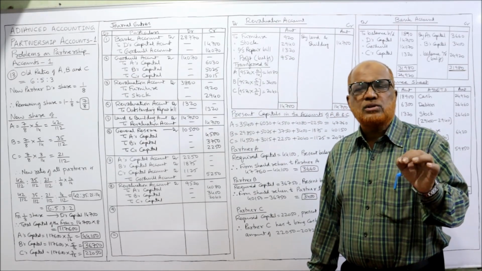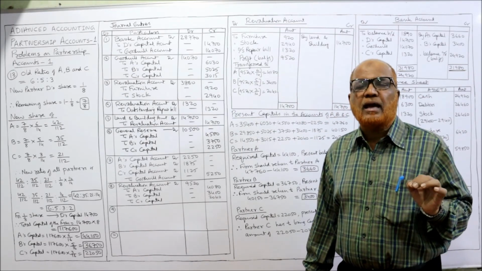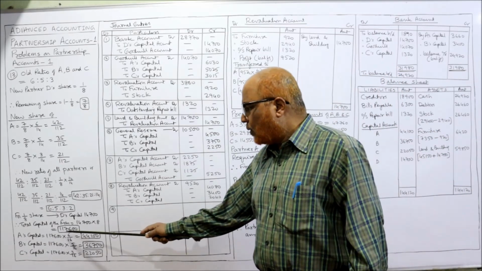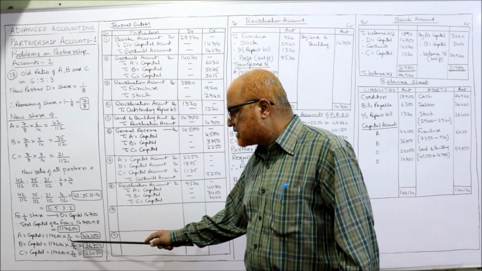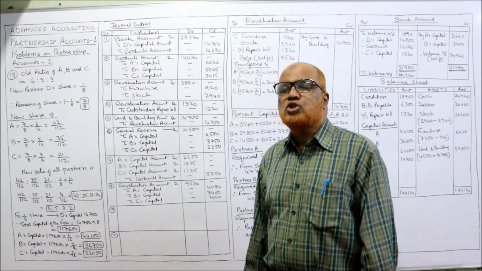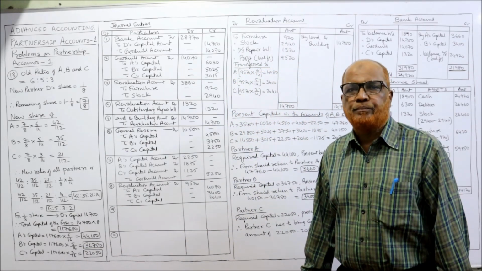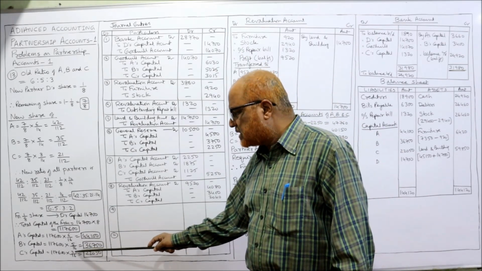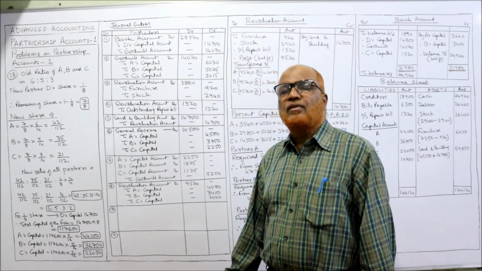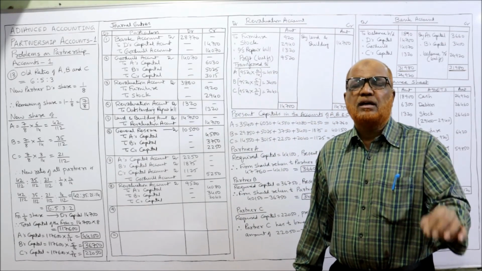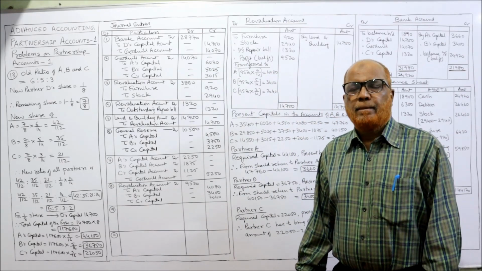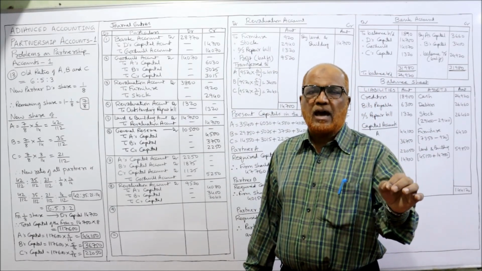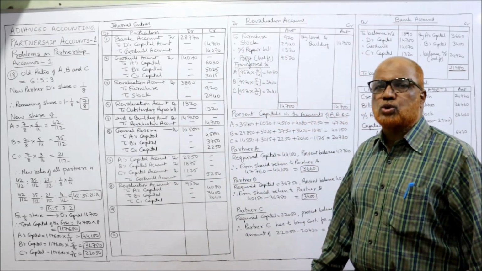So 44,100 should be the capital of A, according to the new ratio. Similarly, 117,600 into 5/16, 36,750 should be the capital of B. C: 117,600 into 3/16, you will get 22,050. This should be the capital of C. So we have ascertained the capital of A, B, C according to the new profit sharing ratio.